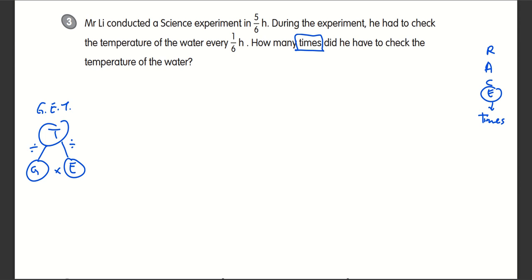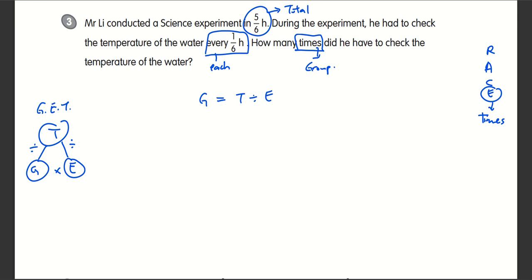So the science experiment is conducted in this amount of time, the entire duration, and for every, that means each, 1/6 an hour you have to check. So the total amount of duration of the science experiment, that's the total, then this is each. How many times refers to the group, the number of times he has to check. So you are looking for groups, that means total divided by each.